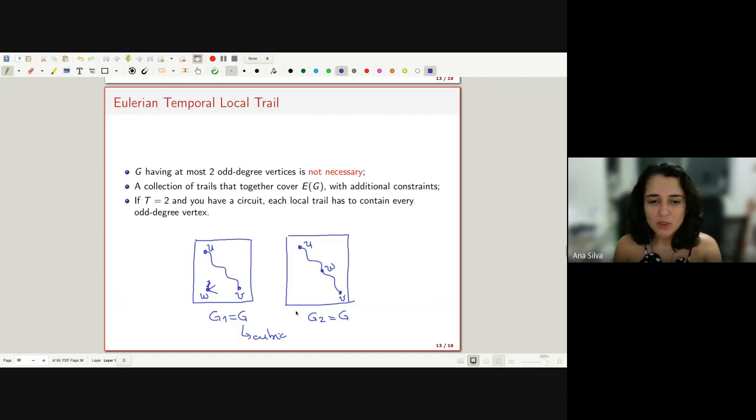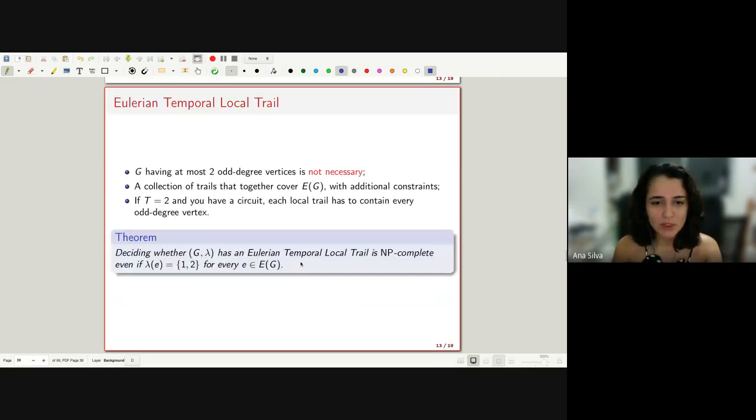Already finding one Hamiltonian path in a cubic graph is hard. But this is not a reduction, this is just a hint that it's hard. We made an explicit reduction that indeed tells us that the problem is hard even if your graph is just the same graph repeated twice, meaning that the labeling function is 1 and 2 for every edge.